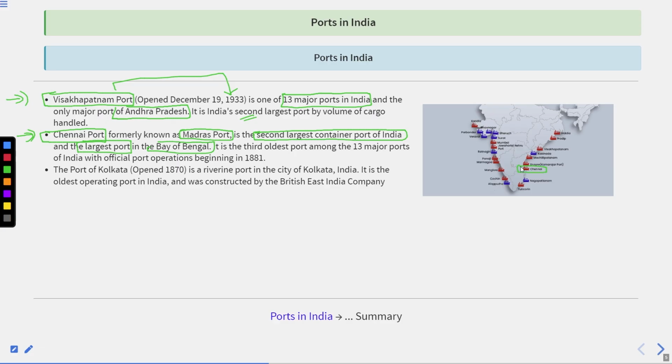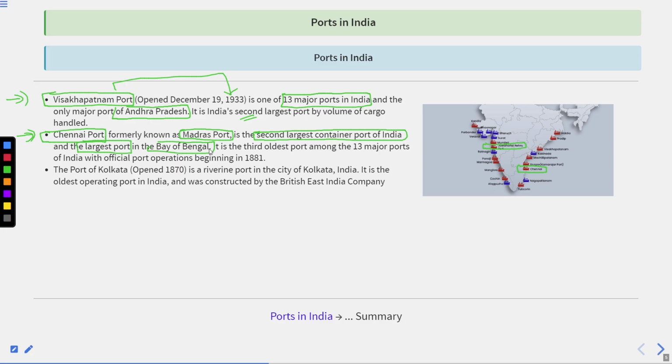All right, the largest container port is Jawaharlal Nehru, Nhava Sheva. Here you can see it. It is on the western side. On the eastern side, Chennai is the largest container port, and by total country, it is the second largest container port.